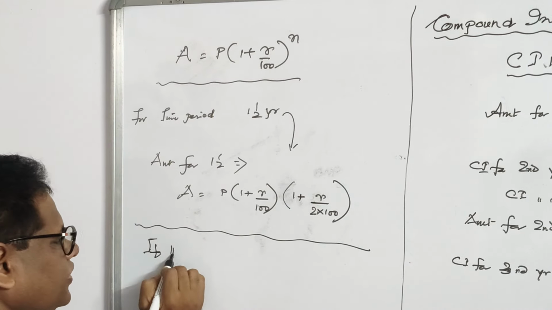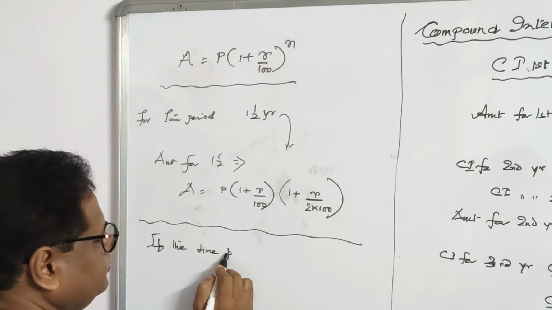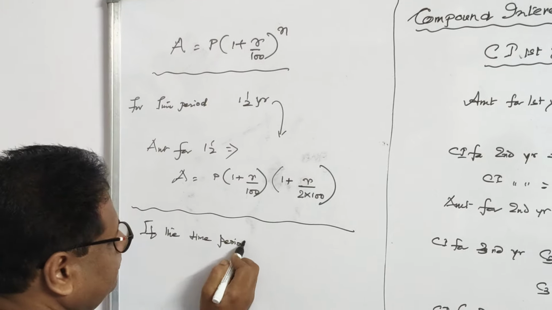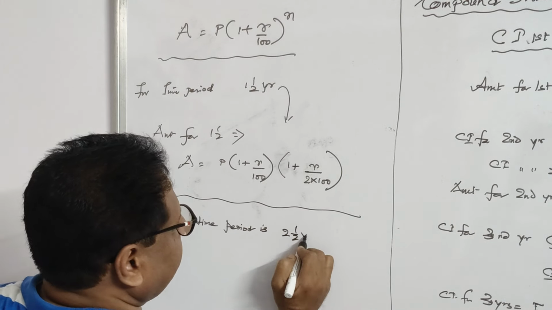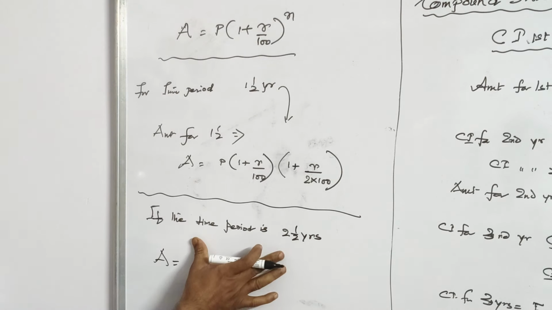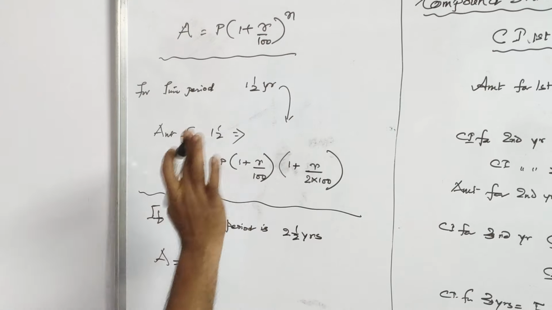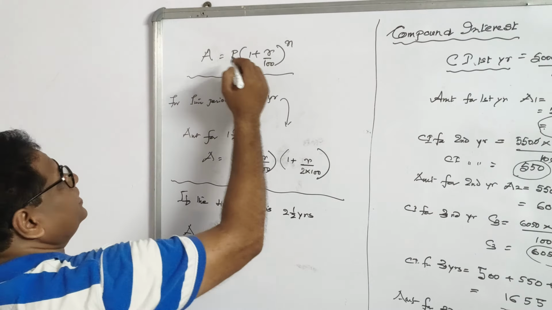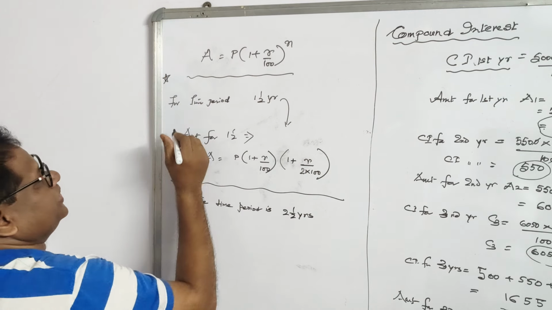if the time period is 2.5 years, okay, then the amount, this is all for the condition that the rate of interest is R% per annum compounded annually. That means this is very important to read the question.